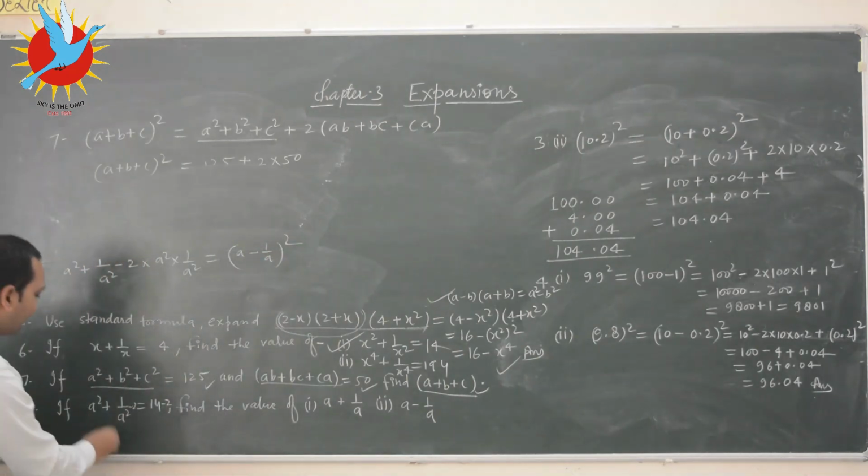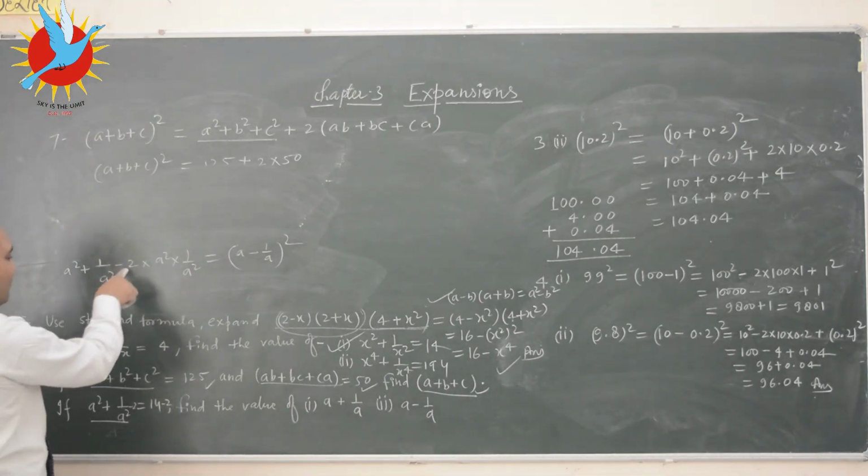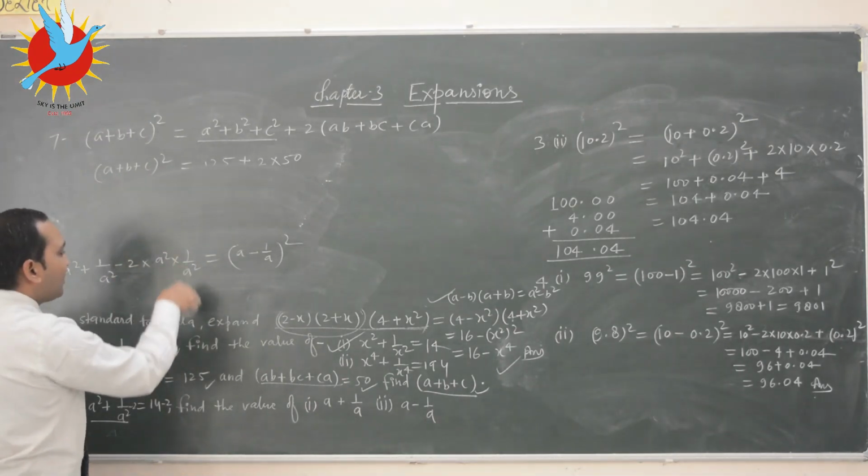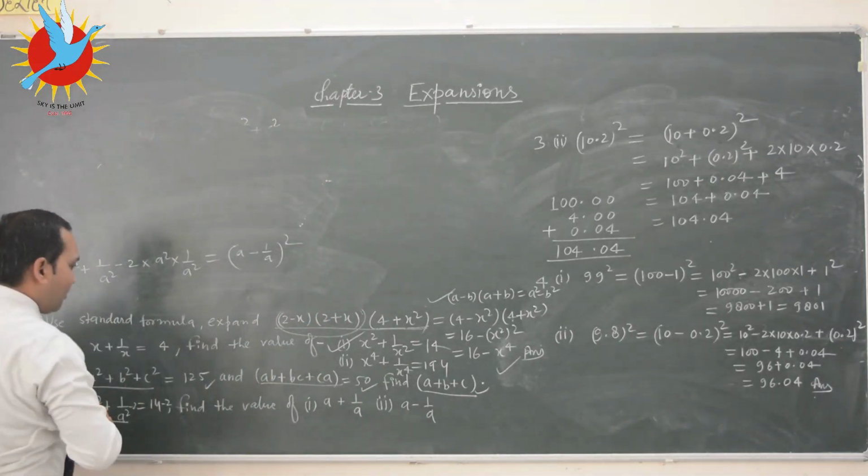So we write in this form, a square plus 1 upon a square minus 2 a square into 1 upon a square.